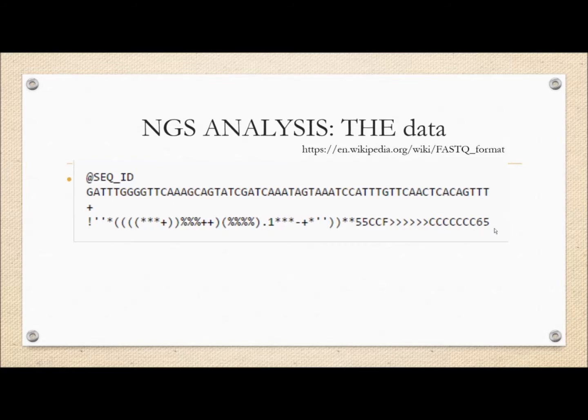So let's look at what these symbols mean, in terms of confidence, in the sense of what is the accuracy of that particular nucleotide being in that particular position. This is the order we are going in.